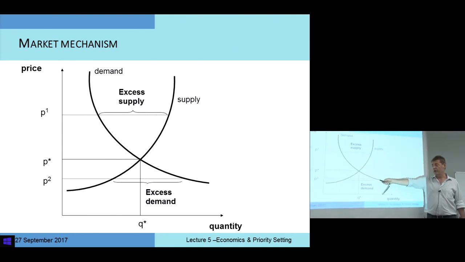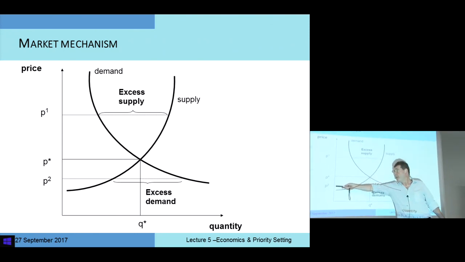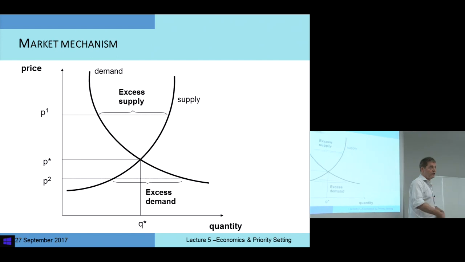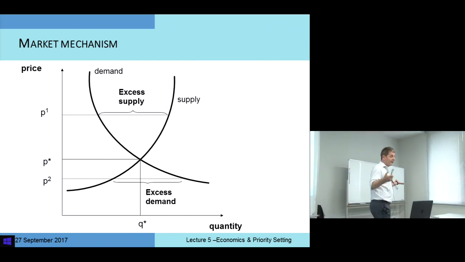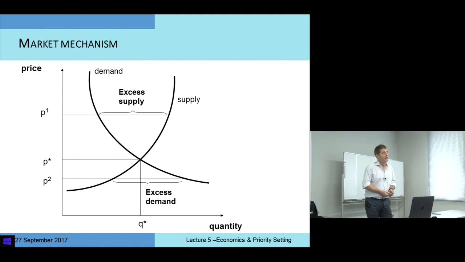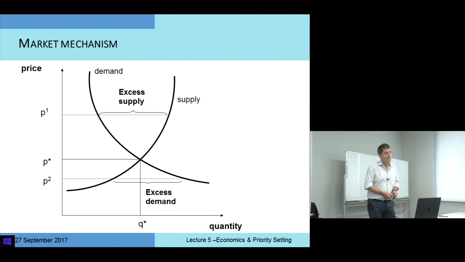Similarly, if the price happened to be P2 and we had these supply and demand curves, there would be an excess of demand. This is the queue, the waiting list perhaps. I wonder if there's a waiting list for the iPhone 8. Might be, I'm not sure. We have waiting lists for kidney transplants, for example.